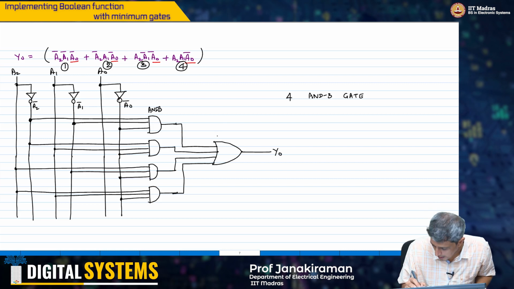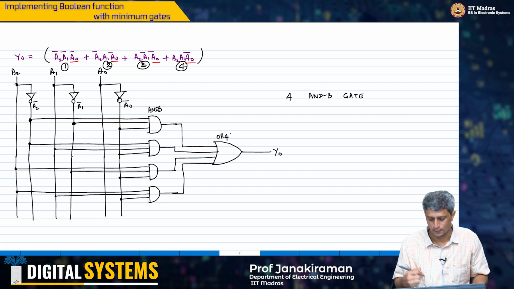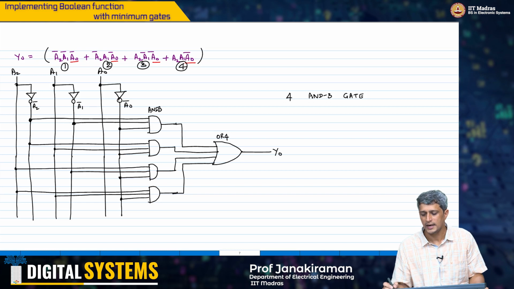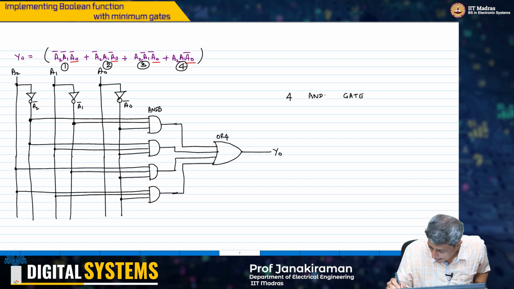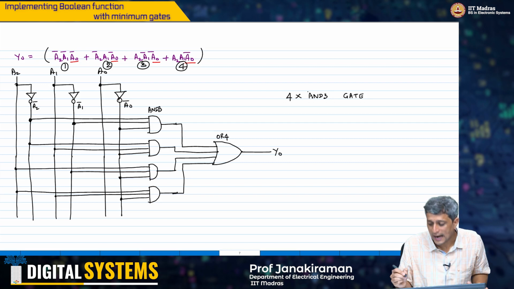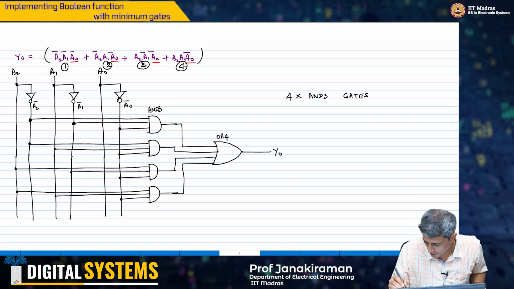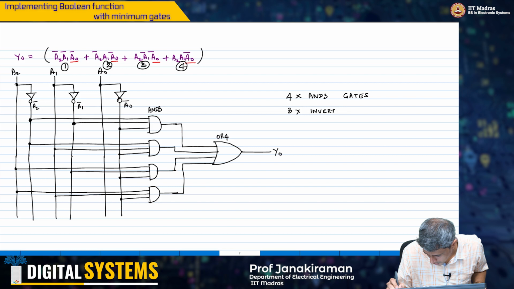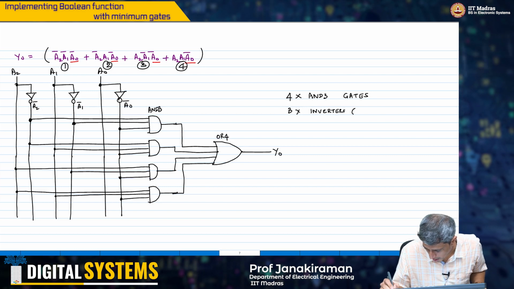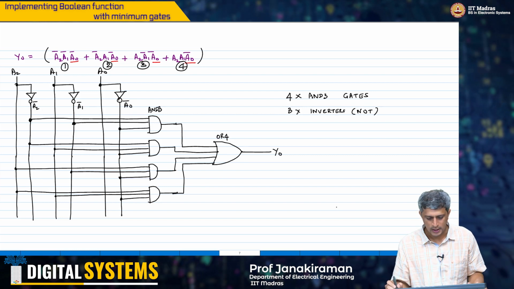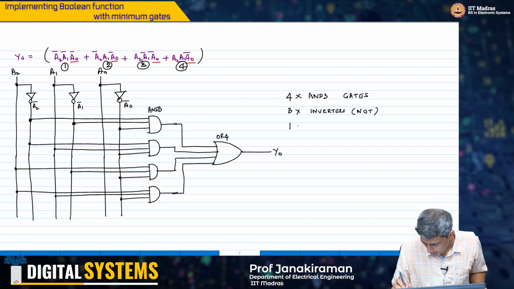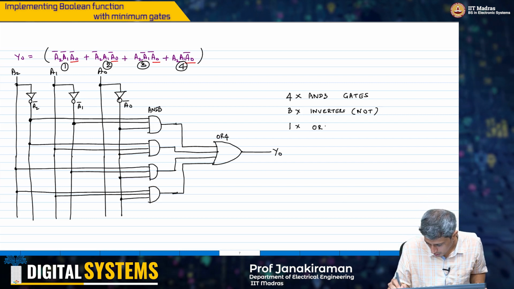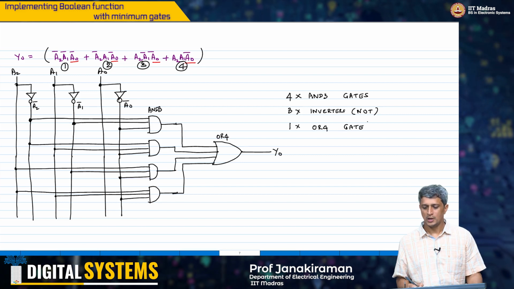This is an AND 3, this is an OR 4. Okay, because it has 4 inputs, the AND gate has 3. So I have 4 AND 3 gates, 3 inverters or NOT gates, okay, and 1 OR 4 gate, right?